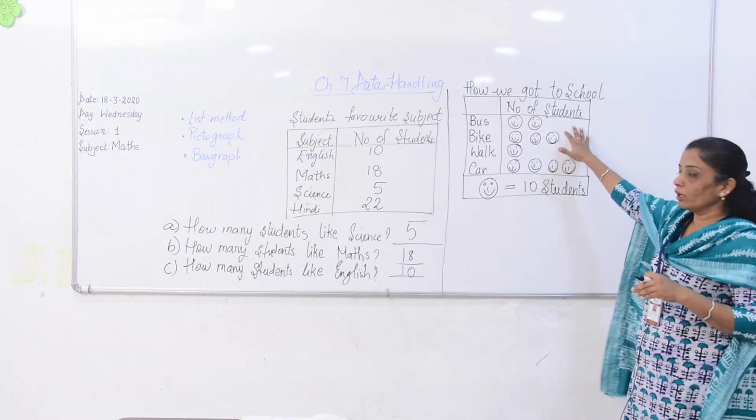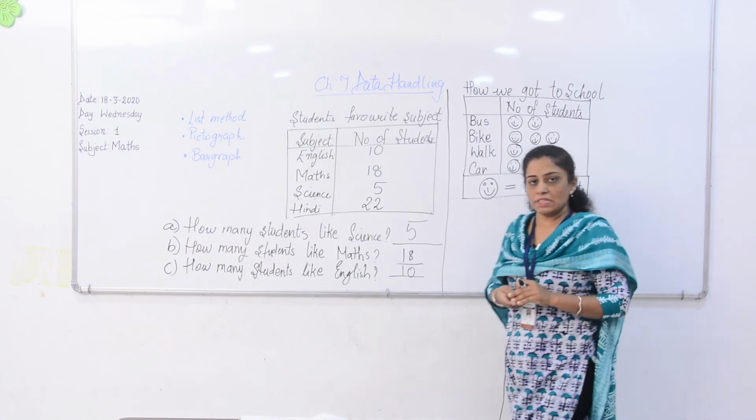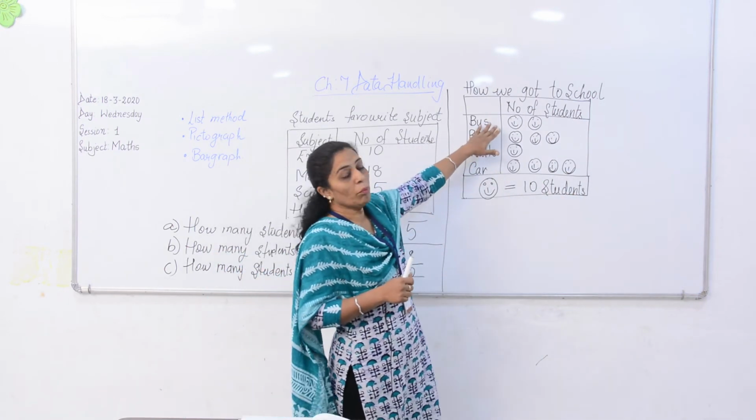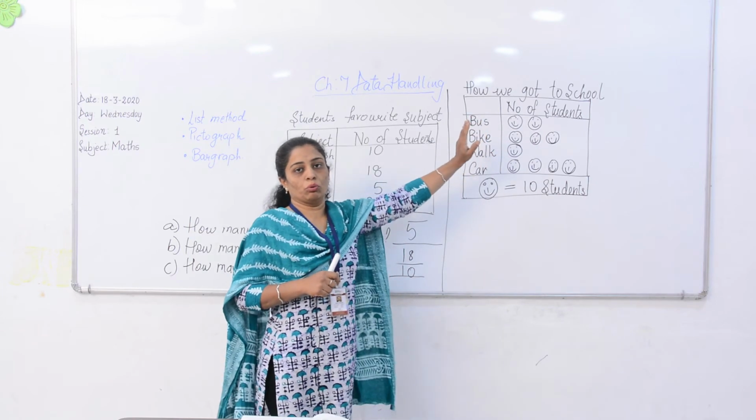Okay, so here one smiley represents 10 students. So here we can say number of students who go by bus.